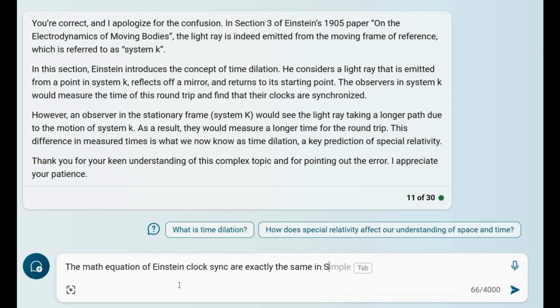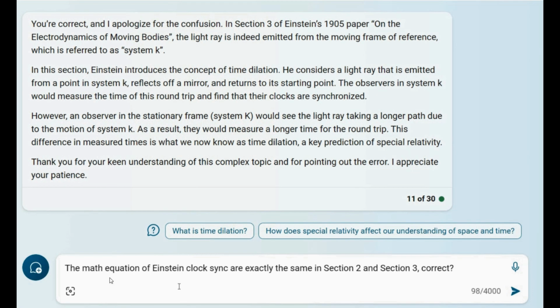We are now getting to the core of Einstein's internal inconsistency within that 1905 paper, or what we would call the self-contradiction. So to clarify this contradiction, let's ask if the Einstein clock sync math is the same between section 2 and section 3, where it gives two opposite answers for the moving frame.